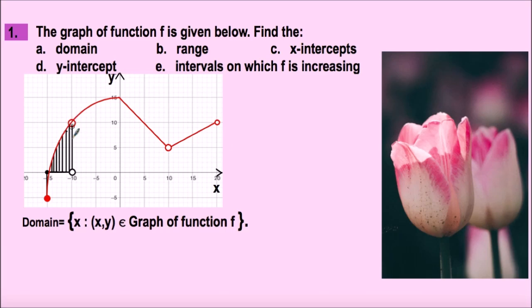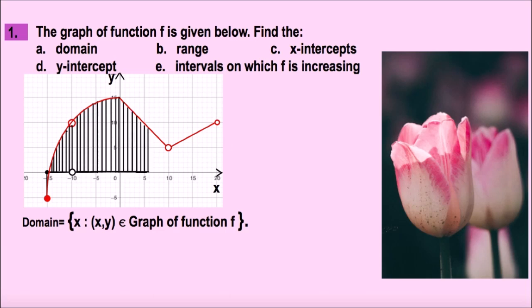Since we have a hole there, we project the hole onto the x-axis. Continuing on, we project the rest of the points of the graph till we get to the point (10, 5), where there is yet another hole, and we project that onto our x-axis. That occurs one more time at the point of coordinates (20, 10).